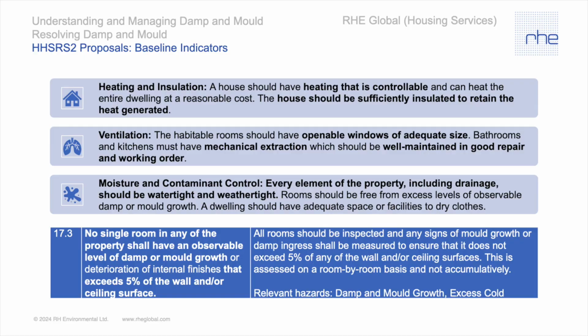So there are a set of indicative ideal or expected standards to guide housing providers as to what standards we're expecting properties to meet. They are more specific than the points I've got here, but they will introduce the concepts that a housing should have heating that's controllable and able to heat the entire dwelling at reasonable cost, and it should be sufficiently insulated to retain the heat that's generated.